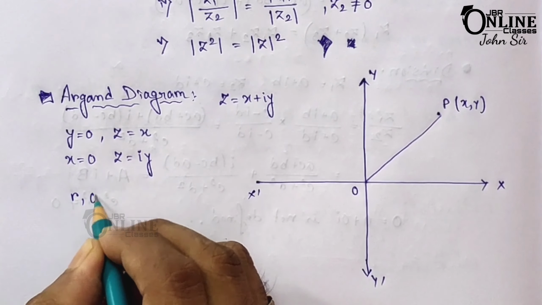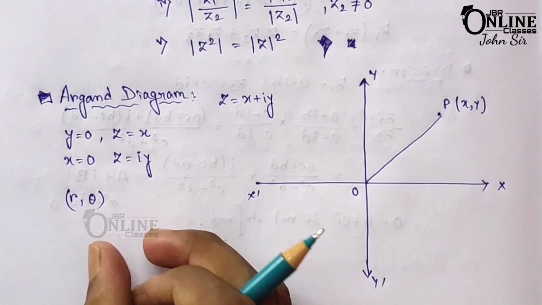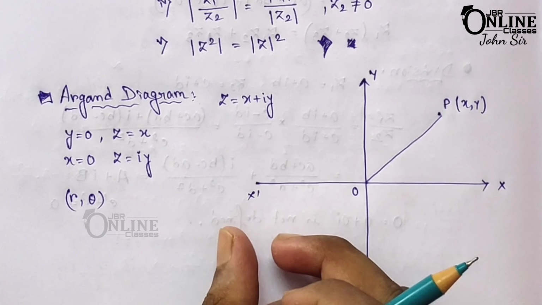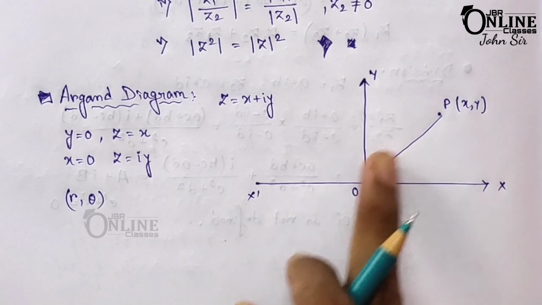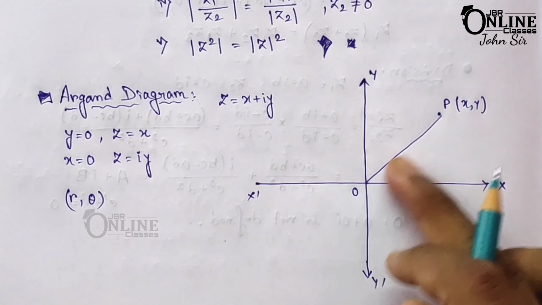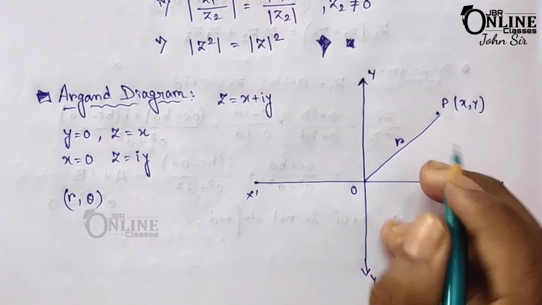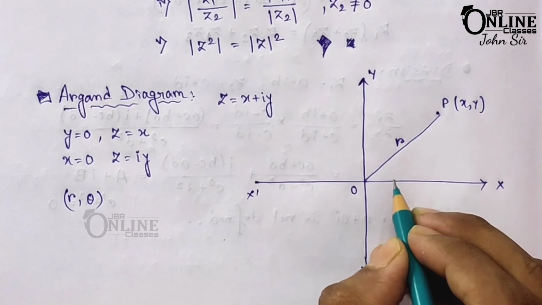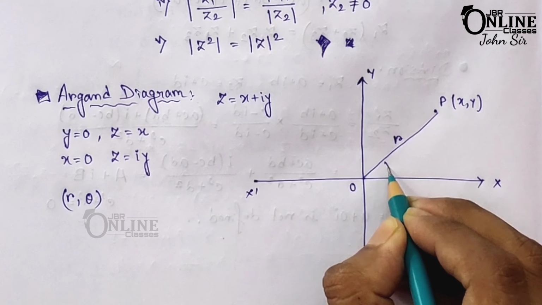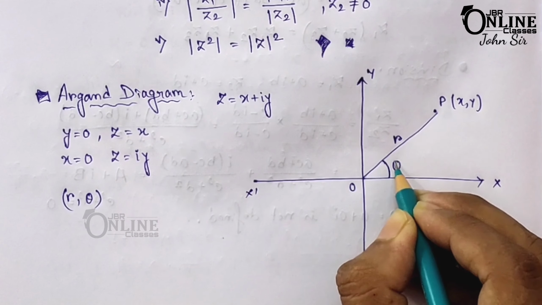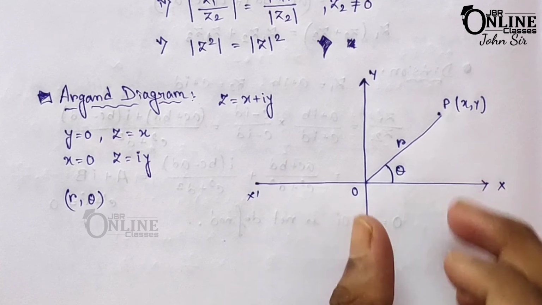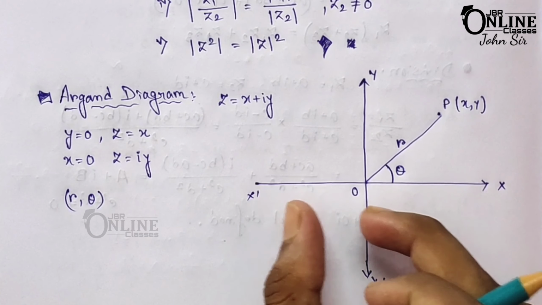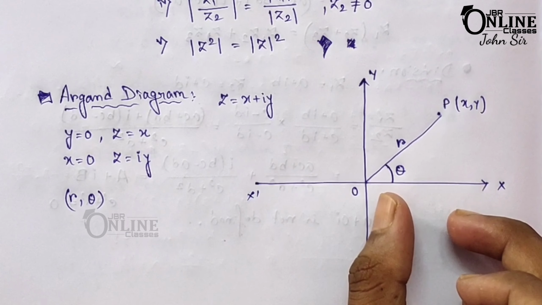Then from this figure you can easily see that the length of OP equals r, and the angle theta is the angle which OP makes with the positive direction of the x axis.